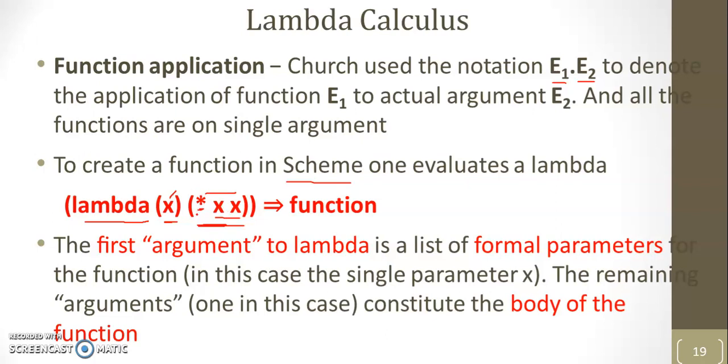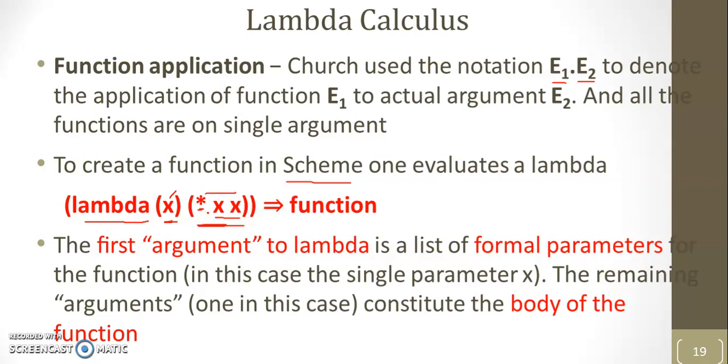So these operations will be performed taking the input value of x. x is the formal argument, and the next one, star x x, together we can call the body of the function.